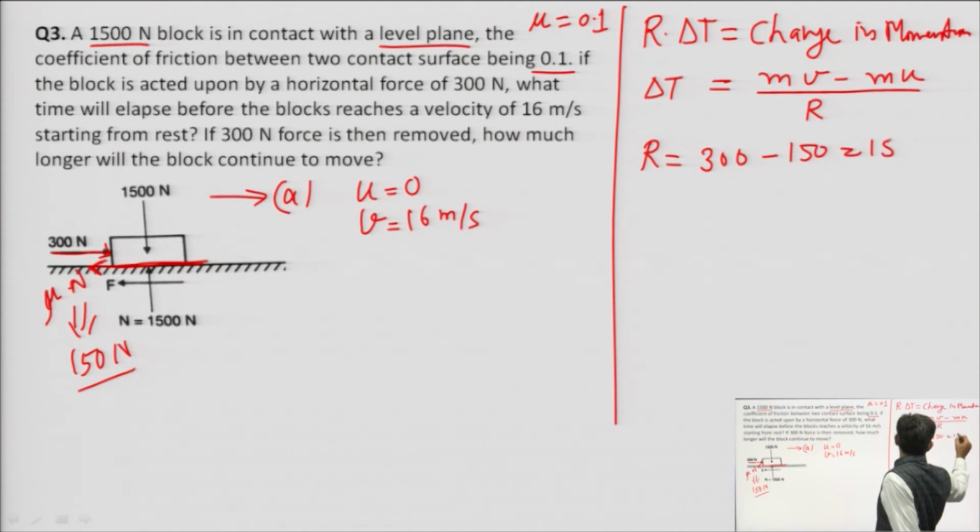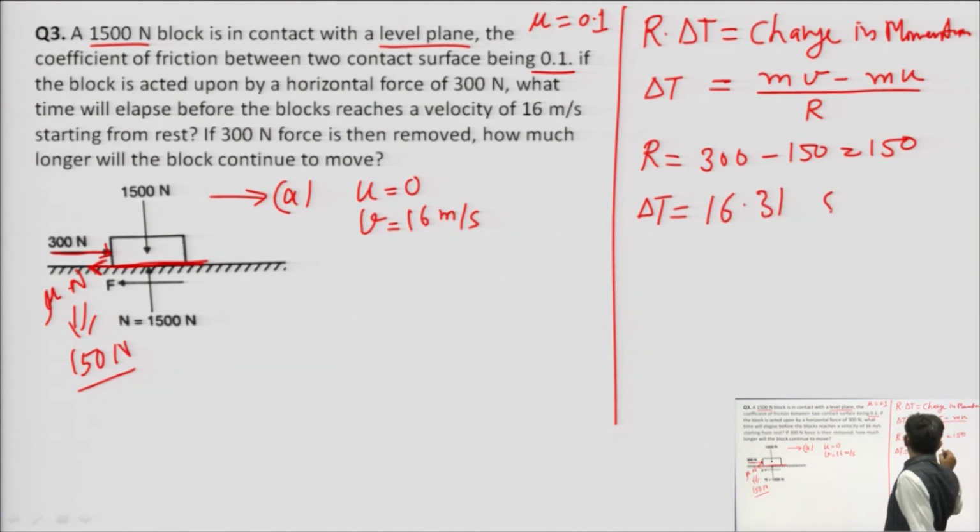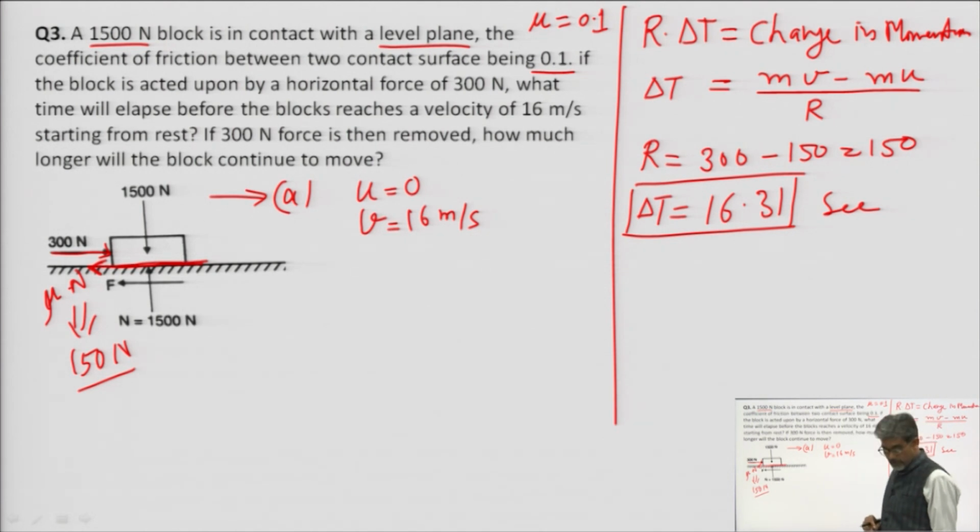U and v are known to us. Therefore, the value of delta t can be calculated, and it is 16.31 seconds. So, to apply the momentum equation is very easy.